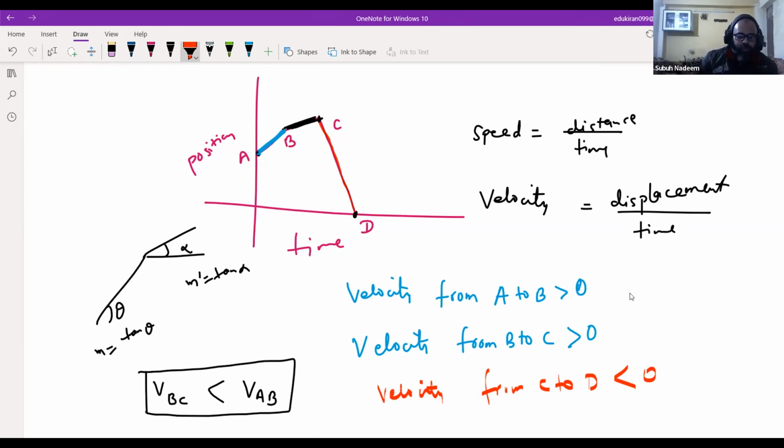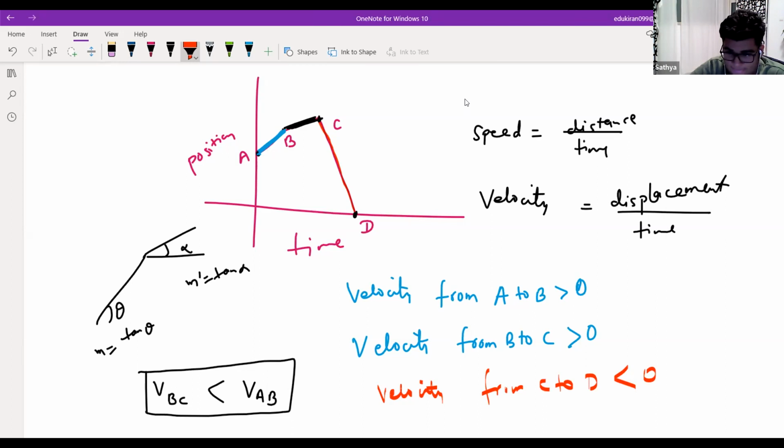If it is moving just opposite to it, then it will be a negative velocity. So the tangent or the slope represents the velocity, and velocity is positive, and then velocity is negative. So AB is positive, BC is positive, and only CD is negative.